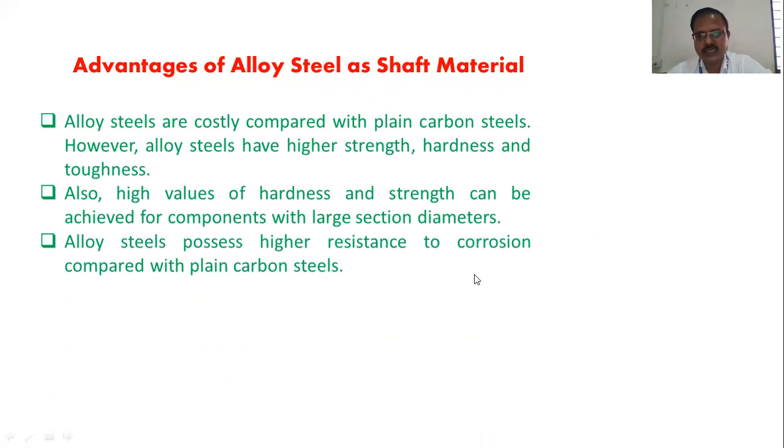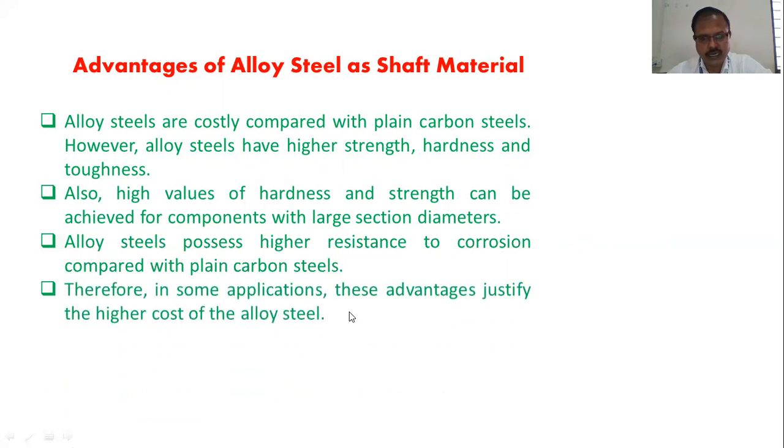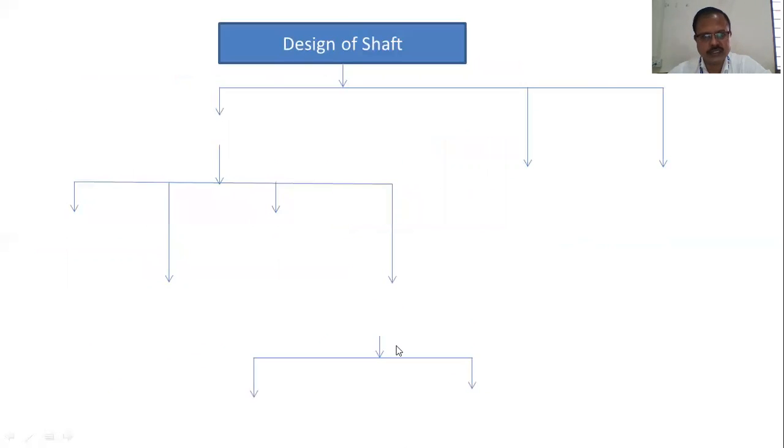Alloy steel possesses high resistance to corrosion. As I have already told, chromium is purposefully added to steel for improving the corrosion resistance property. And therefore, if we are getting high strength, hardness, and toughness for the application desired, then cost can be justified over these advantages.